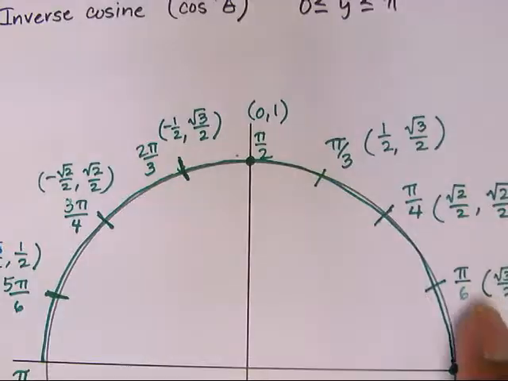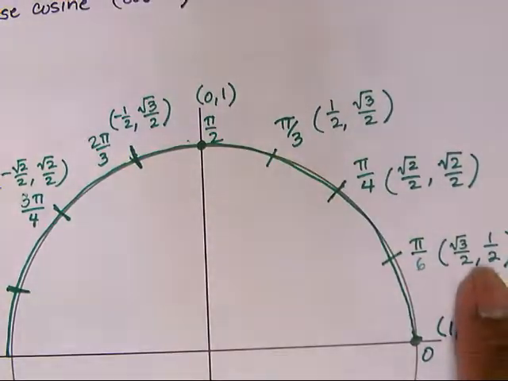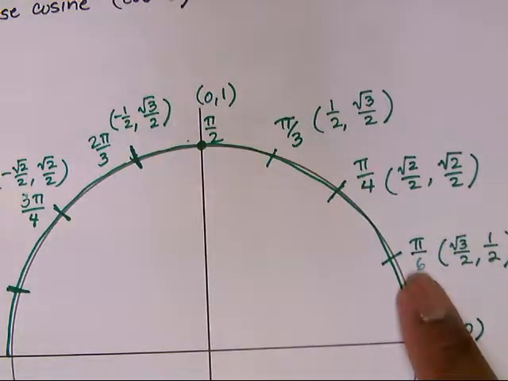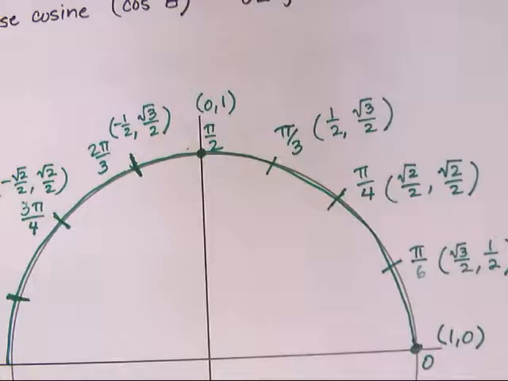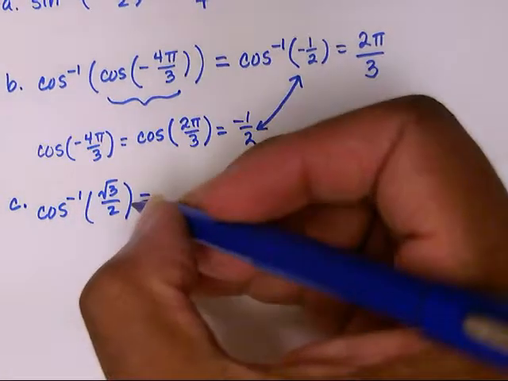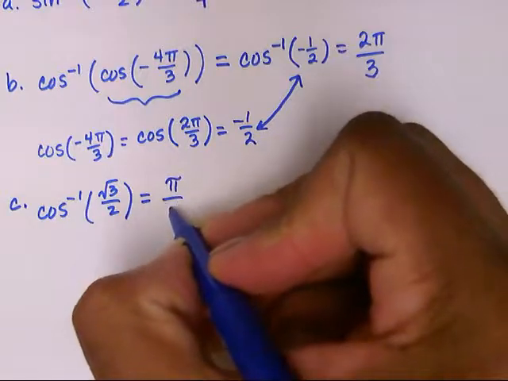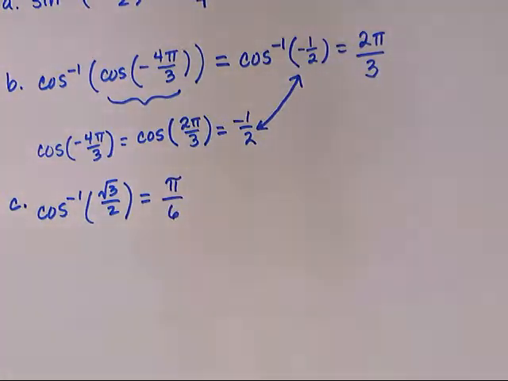If I can find it, it's right here, because the x is the cosine. The angle associated to that would be pi over 6.